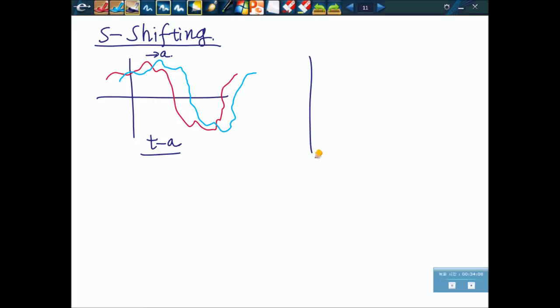Okay, that's what's happening when you shift a function in time domain, right? Let's take a look at the same situation in S domain, okay? What is an S domain curve? Usually this, right? Let's say, just for an example. And you shift in S domain, which is actually S minus A, something like that.